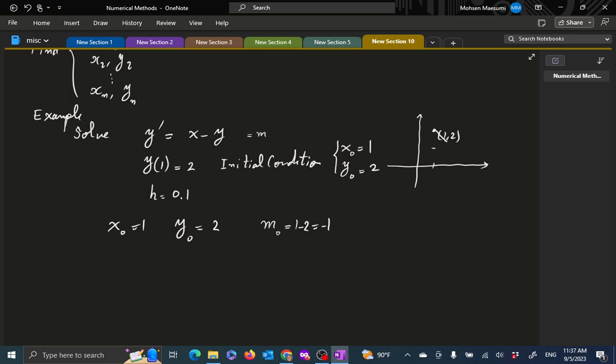What happens now? When you go on a slope, you have either a rise or a fall. In this case, we have a fall because we are going down. That fall is sometimes shown by the letter k, sometimes by delta y.